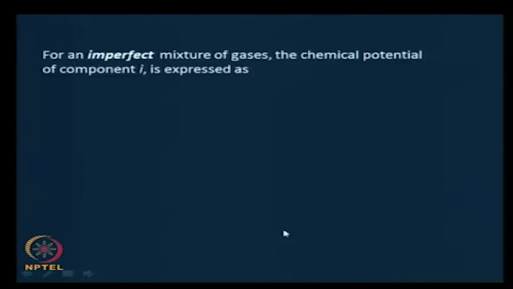Whereas for an imperfect mixture of gases, the chemical potential of each component I is expressed as mu I equals mu I naught plus RT ln Fi hat, which is the fugacity of that component in that mixture. And of course, for completeness, Fi hat by Pi tends to 1 as the total pressure tends to 0.